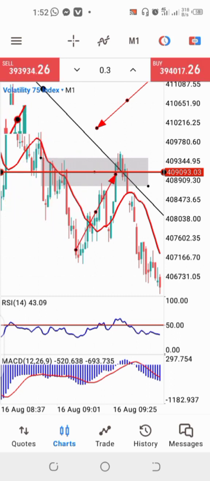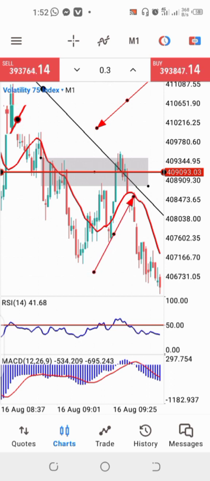Then a conservative trader may decide to wait for price to trade below the envelope. Once price breaks the envelope, you wait for a slight pullback.